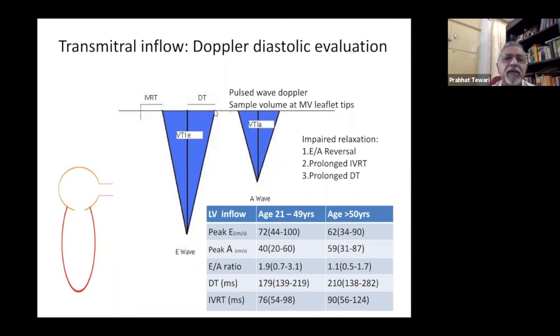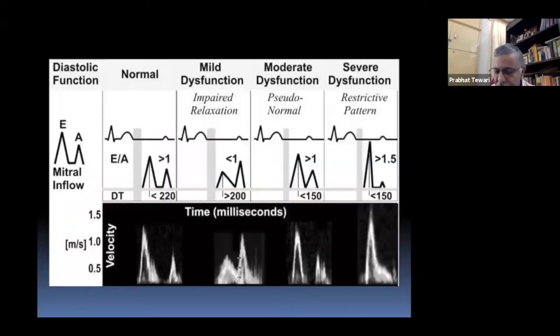This is the diastolic time, and this is the relaxation time to begin with. Now, these are the patterns that change accordingly. You can see here that the normal is like this. In impaired relaxation, the deceleration time is more, and A is more than E. In severe dysfunction, you will find E is more than 2 times the A, and DT is very less.